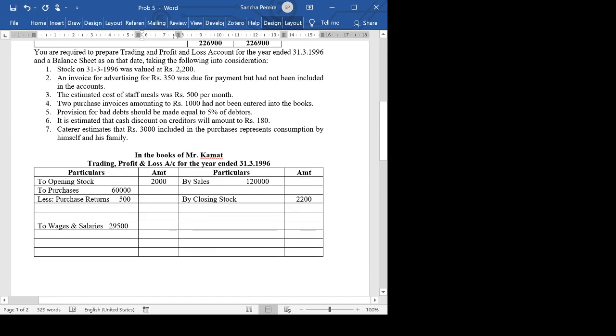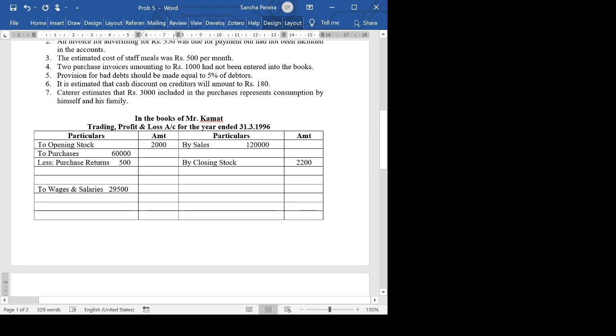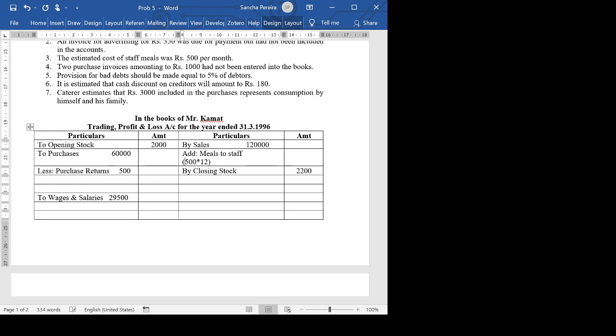Next, the estimated cost of staff meals was rupees 500 per month. So I told you we have to show this as sales. Okay, meals to staff, add meals to staff. 500 per month becomes 500 into 12, which is 6,000. Show that. This becomes 6,000.